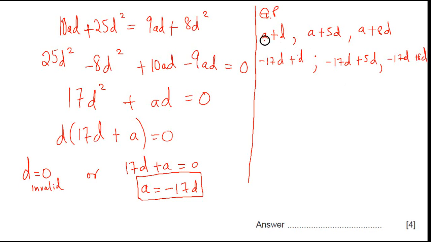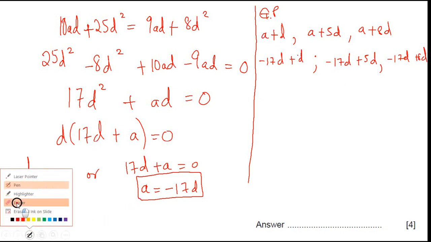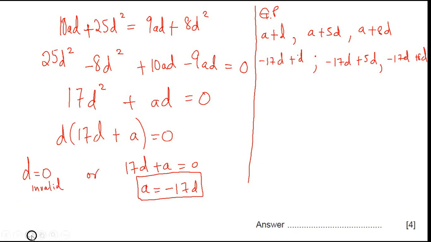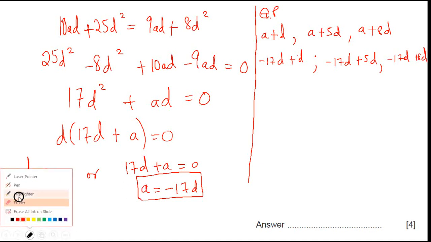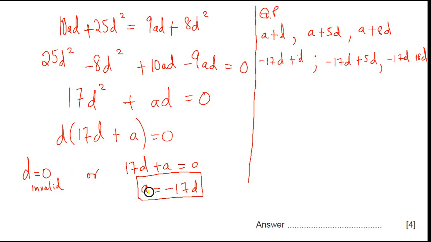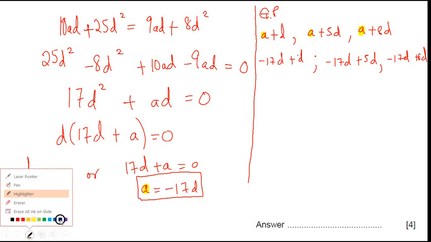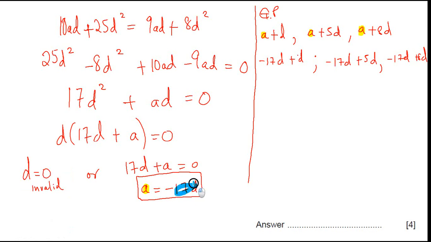So everywhere I had an A, I substituted that A with this value. I take this value of A out and then I replace it.